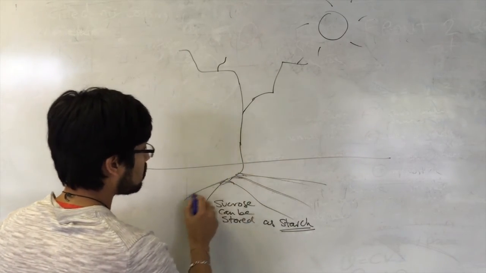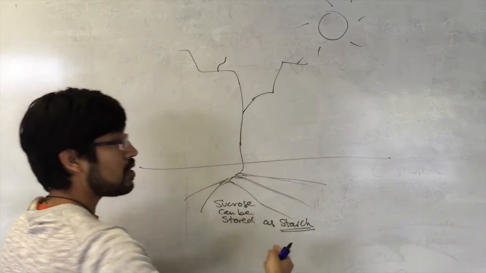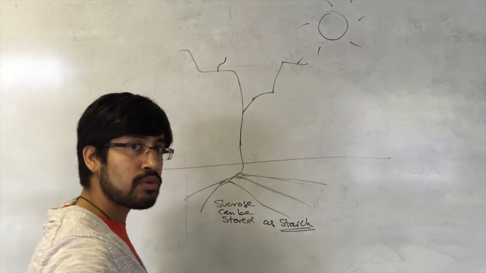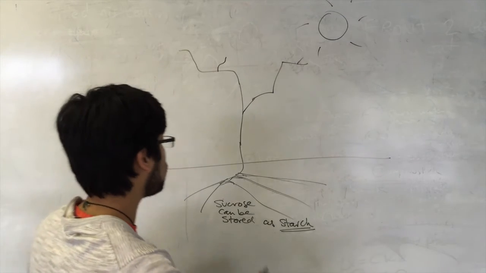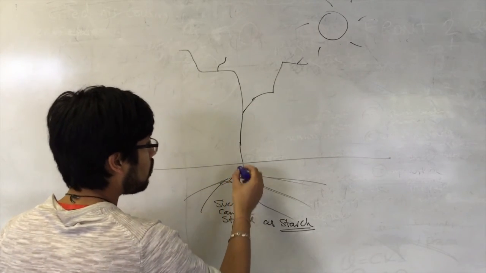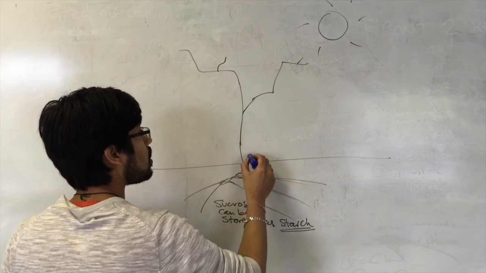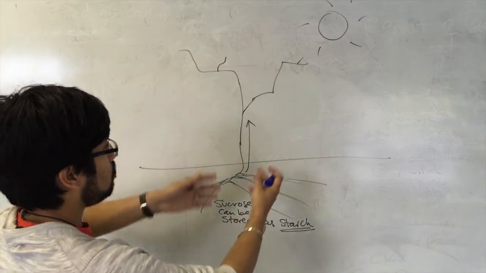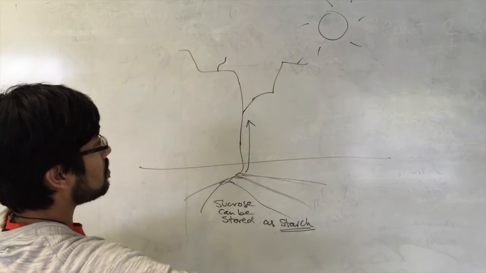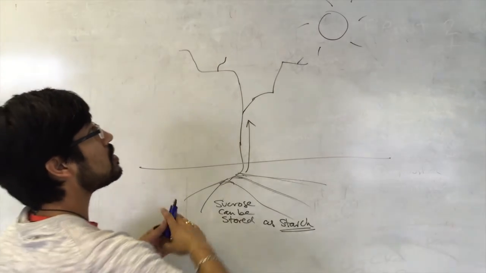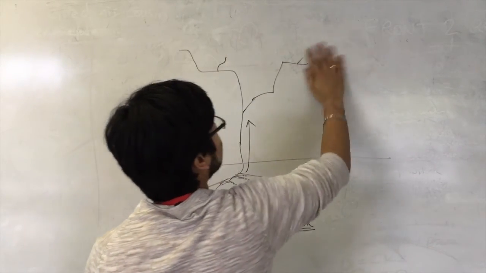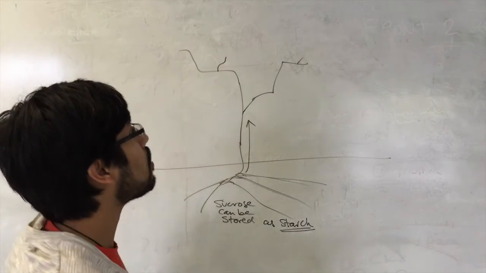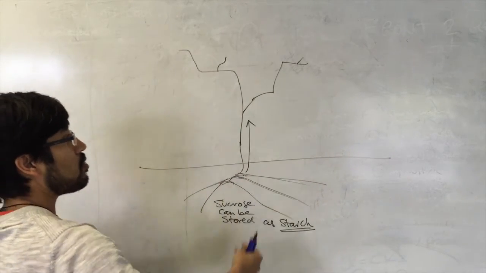All that stored starch will now be broken down back to glucose, that glucose converted back to sucrose, and now it might need to go in the opposite direction, because we don't have any photosynthesis going on. The sun still comes out, but the temperatures are so low and leaves are not there, so no photosynthesis.